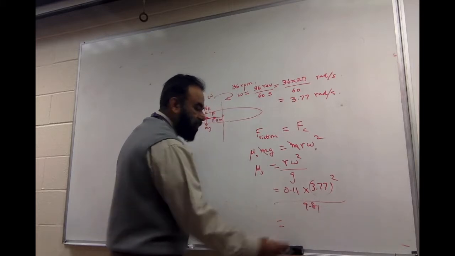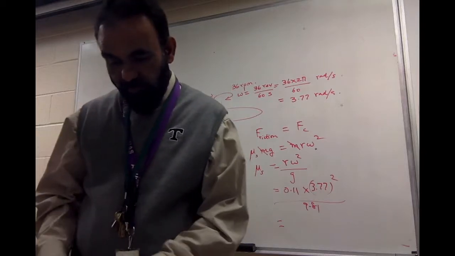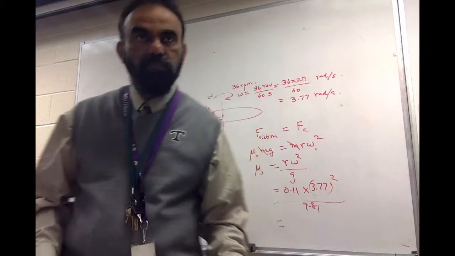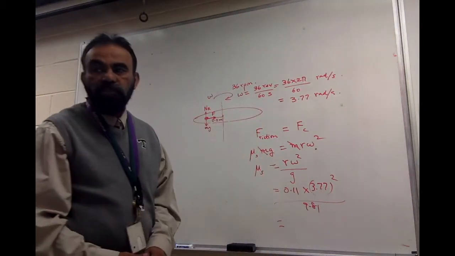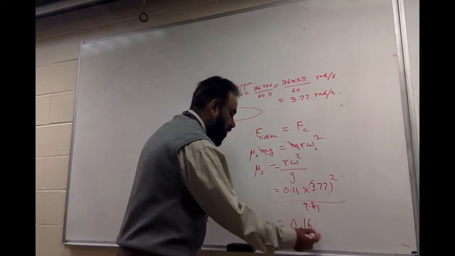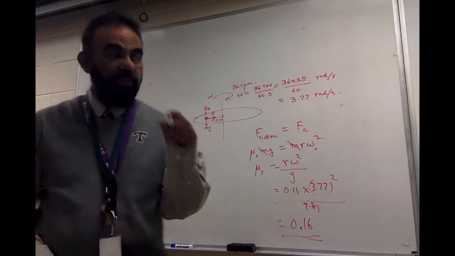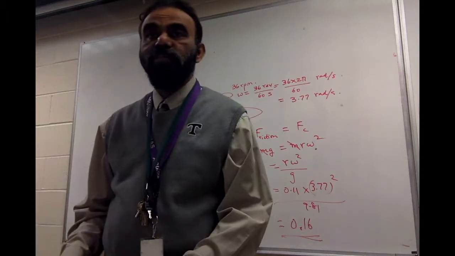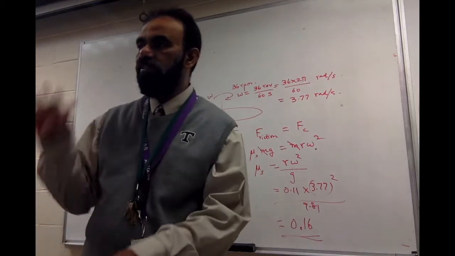And that will give you 0.16. The coefficient of static friction between that coin and the turntable is 0.16. And the moment it slips, the coefficient reduces further than that, therefore there's no chance of it settling down again. Once it slips, it's gone.